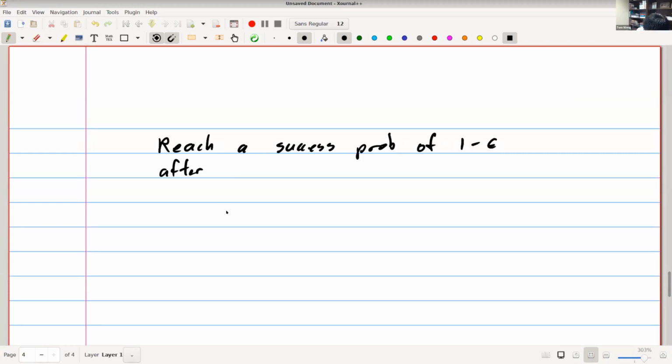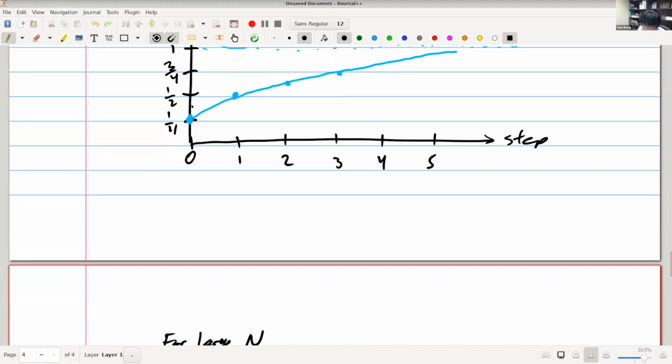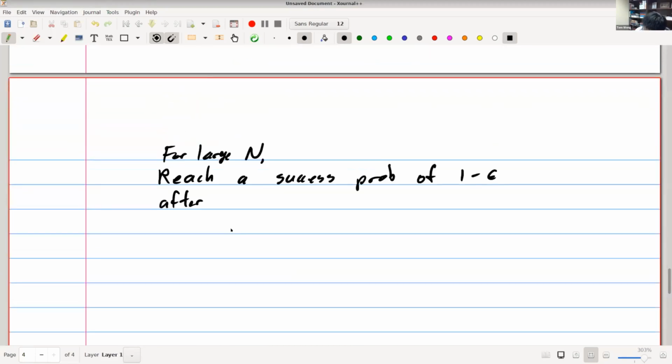And this is for large n, so this is asymptotically, although the paper includes results for any value of n as well, but it's more complicated and isn't worth writing down for this talk. So for large n, this success probability reaches a height of 1 minus epsilon after n times the natural log of 1 over epsilon steps. This is the amount of time it takes to reach a probability of 1 minus epsilon.